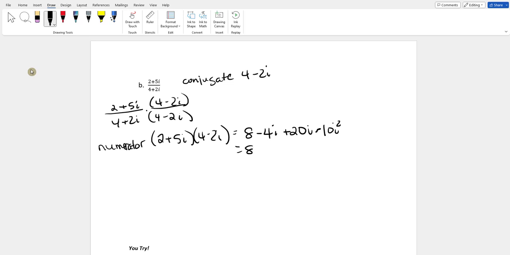Going to simplify this. Negative 4i plus 20i gives me 16i. And then minus 10i squared, you know, i squared is negative 1. So a negative in front of a negative makes this a positive. So we get 8 plus 16i plus 10, which would give me 18 plus 16i.